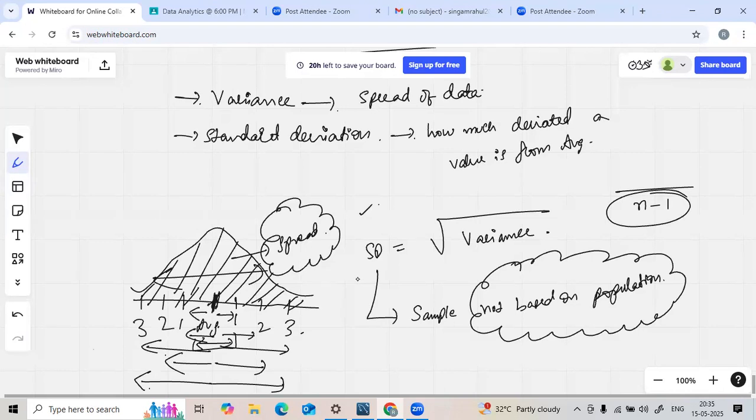This is called Bessel's correction. This is another concept that we need to focus on. So tomorrow, or most probably day after tomorrow, we'll be going with the distributions topic. There I'll try to explain this topic one more time: how to approach variance and how to approach standard deviation.